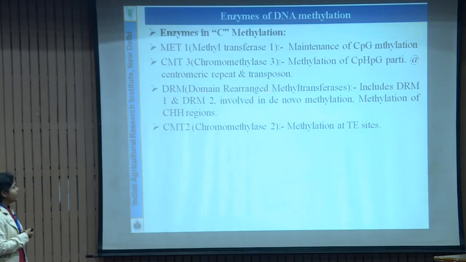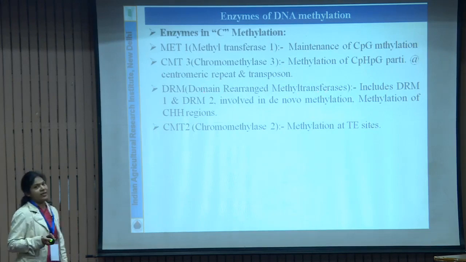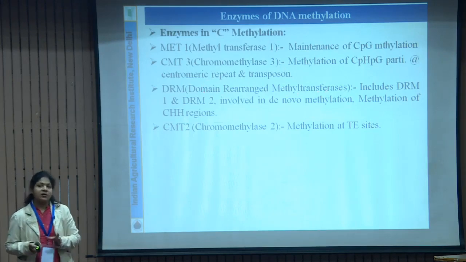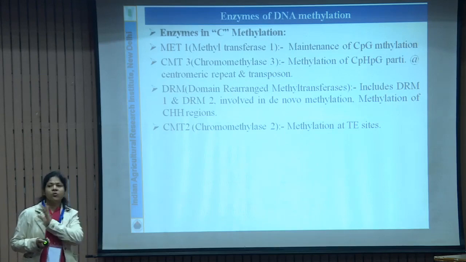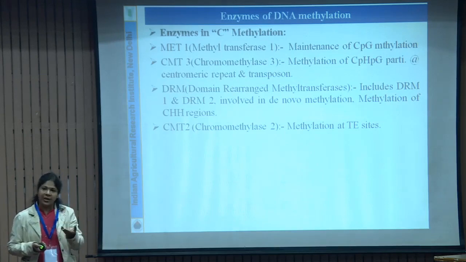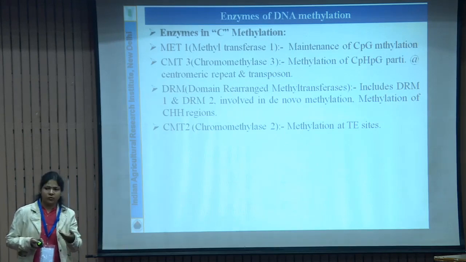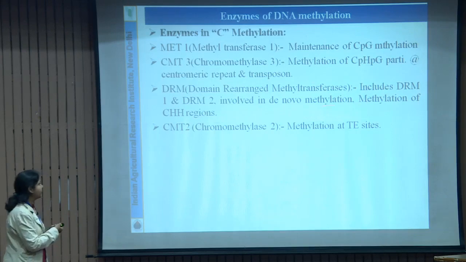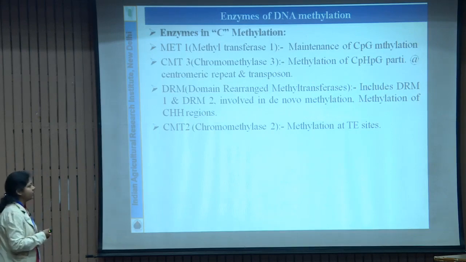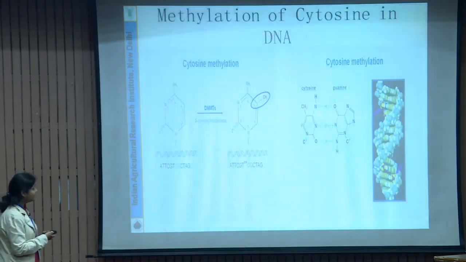Then DRM, domains rearranged methyltransferases, are generally doing de novo methylation. That means any DNA strand on which a methyl group was earlier not there, newly added to that, that is de novo methylation. And CMT2 is involved in methylation at transposable element sites.